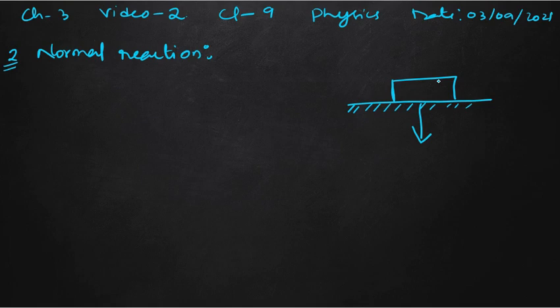That force that the surface is applying over the body is known as our normal force, and that force will be opposite to the direction of the weight of the block. So this will be the weight of the block, and this will be the force exerted by the surface over the block. This is known as our normal reaction force.